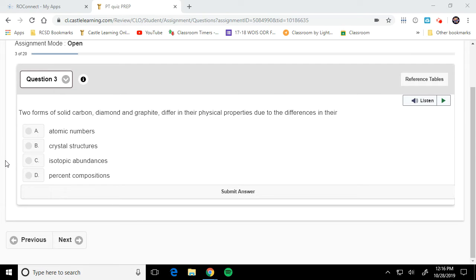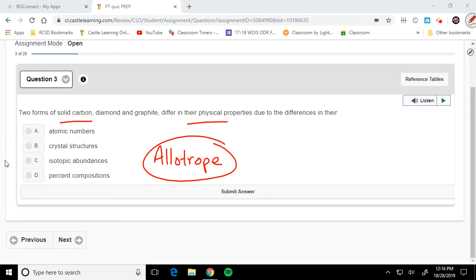Two forms of solid carbon, diamond and graphite, differ in their physical properties due to their differences in. Okay, so right off the bat, solid carbon, different properties. So this is kind of the definition of allotrope, is what I see. So I'm looking for what's going on with an allotrope. Which ones of these things can I put in there?